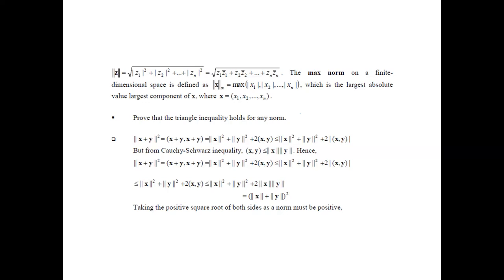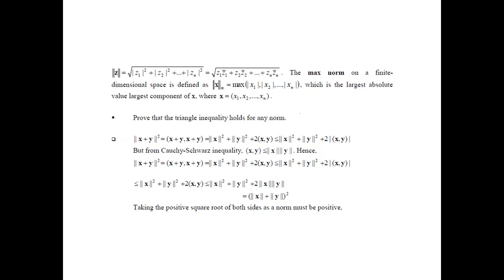But from Cauchy-Schwarz inequality, inner product of x, y is less than or equal to norm of x, norm of y. Hence, norm of x plus y all squared, which we have defined, everything follows from what we have seen so far. So we are just repeating that line.